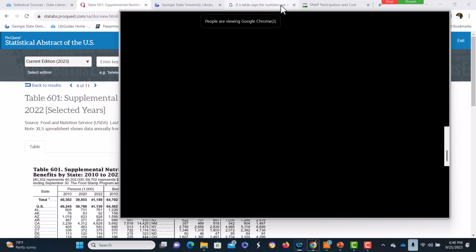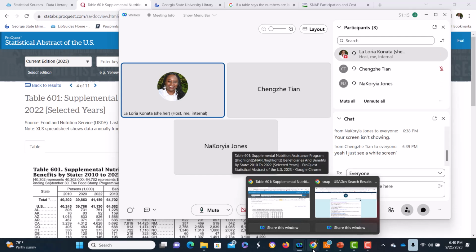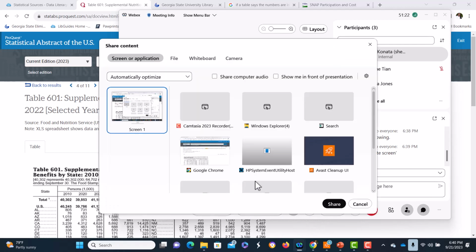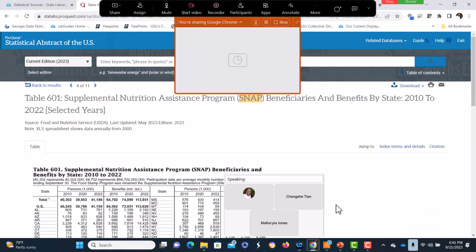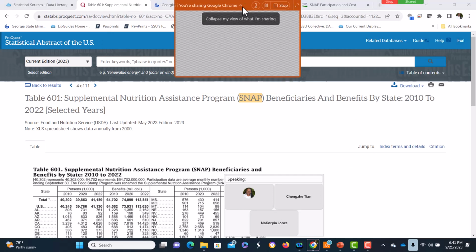No, hang on. Maybe I have too many things open here. I'm going to close that one out. Yeah, it's still doing that, isn't it?